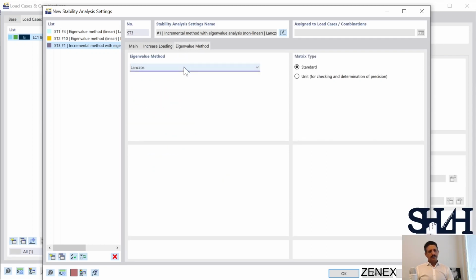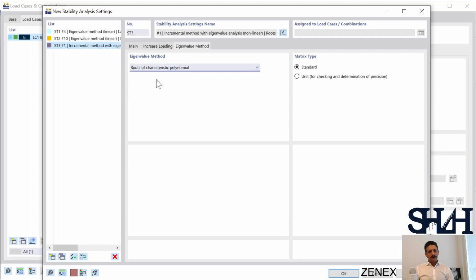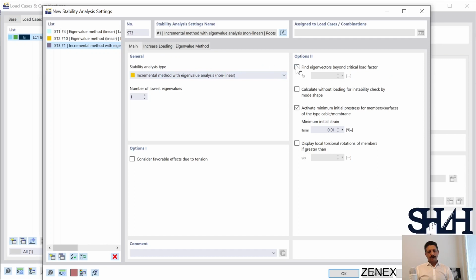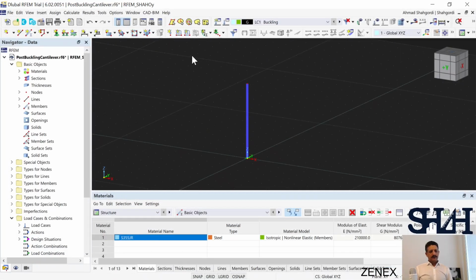Also in the eigenvalue method, we can go with the root. So then if you want to have a little bit beyond the critical, you can activate this, let's say 1.2, 1.5. And this is the setting.